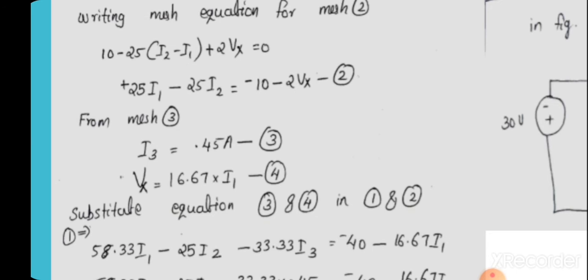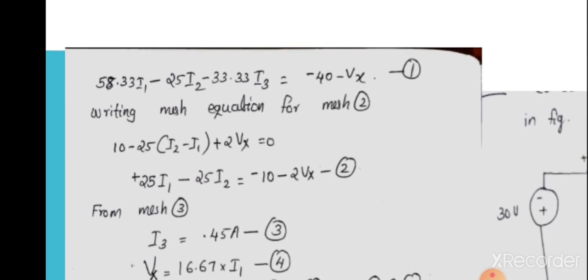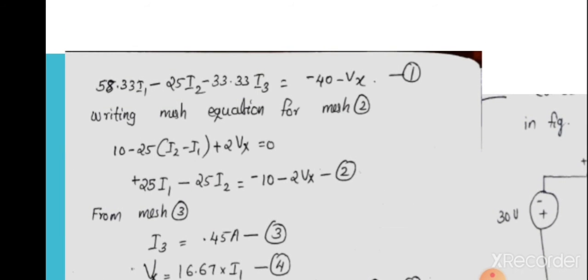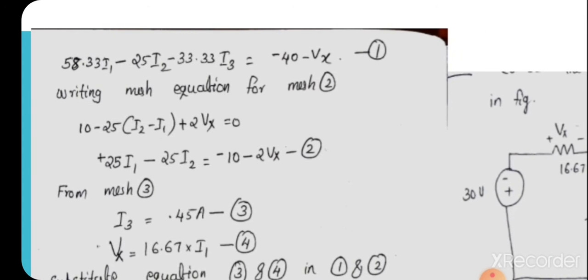Okay, it is simple mathematics, and you can do it in your notebook. That is equation number 2. So you got two equations. The second equation contains I1, I2 and the unknown quantity Vx. So you have three unknown quantities here, so you need three equations.